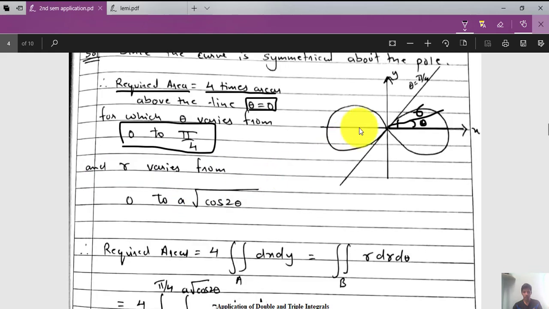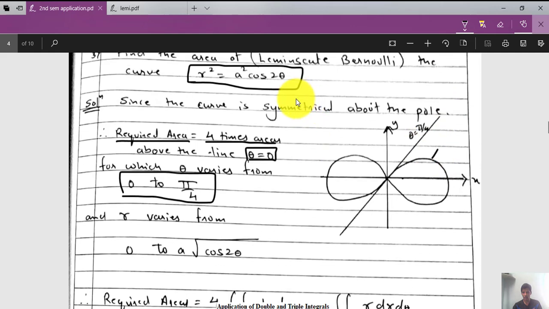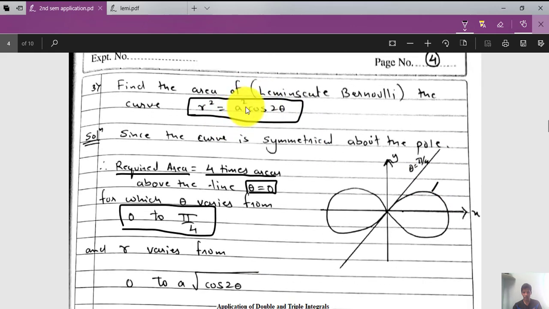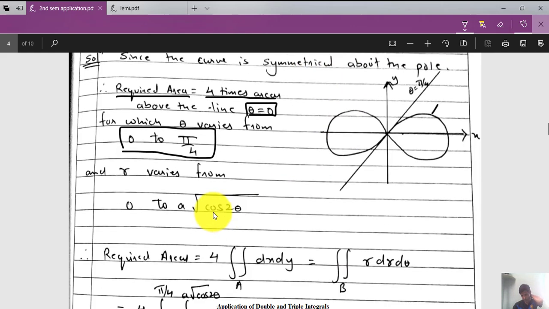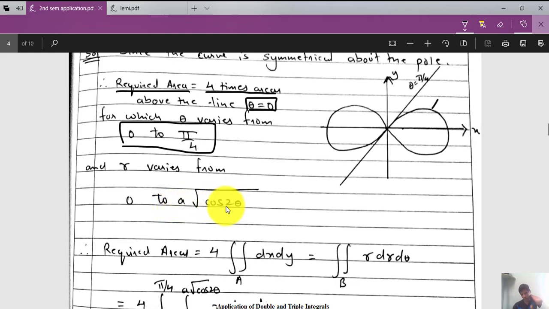Now what is happening to r? r varies from 0, it is always a point from the origin to the given curve. The curve equation is r square equal to a square cos 2 theta. So the value of r is the square root of a square cos 2 theta, that is a times the square root of cos 2 theta.